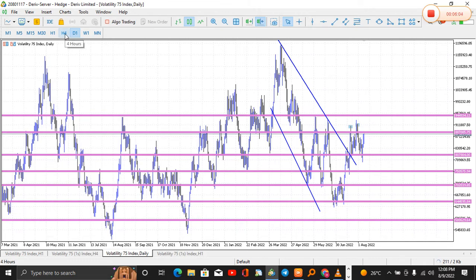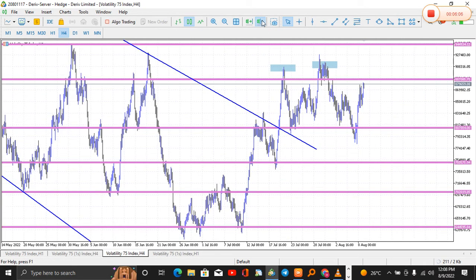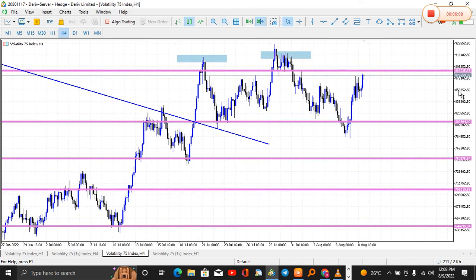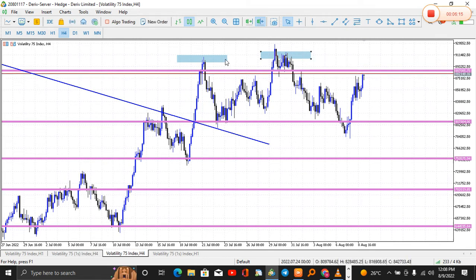Now in the overall picture, when I scroll down to the 4-hour time frame, you will see that before this market pushed to the upside, we have a little bit of a downtrend in an uptrend. So we had a little bit of a downtrend where the market was making lower lows and lower highs.